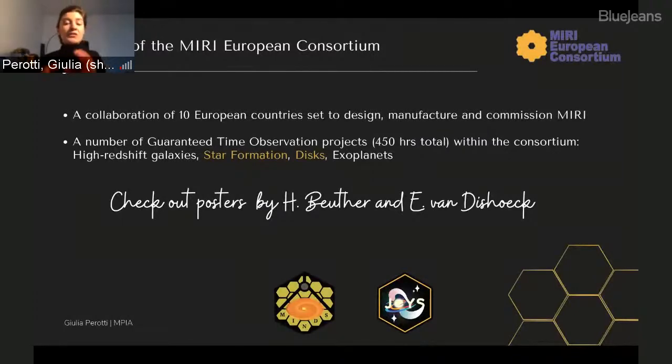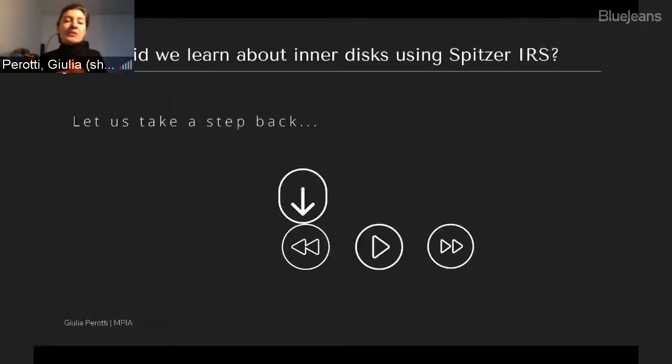As far as it concerns the MINDS survey, the main goal is to study the innermost regions of protoplanetary disks and debris disks where terrestrial planets form. I would like to take a step back and set the stage for these James Webb results, in order to let you understand what we gain when studying disks in the mid-infrared and what we learned by looking at disks with Spitzer IRS.